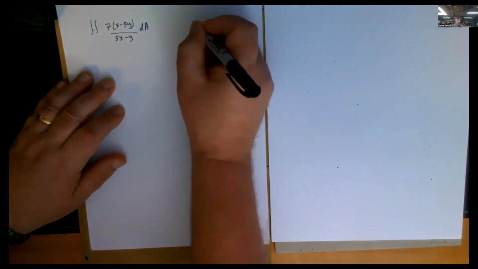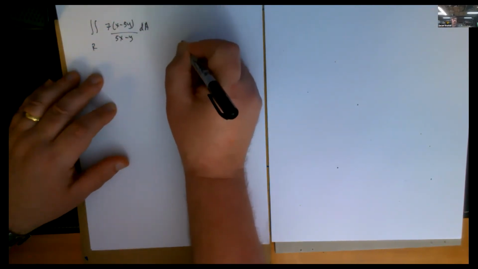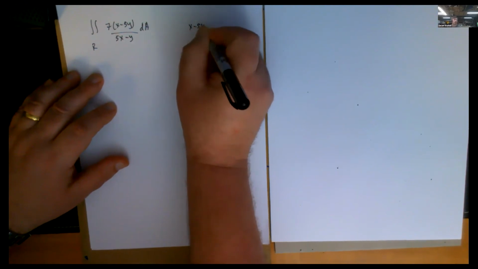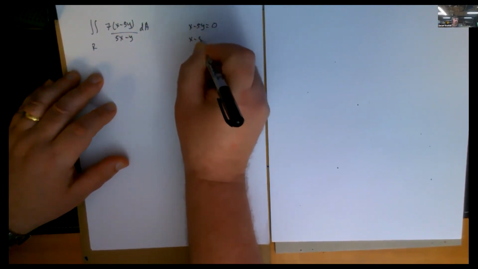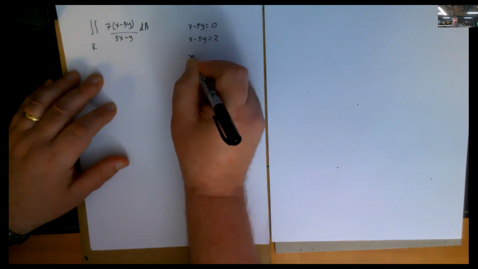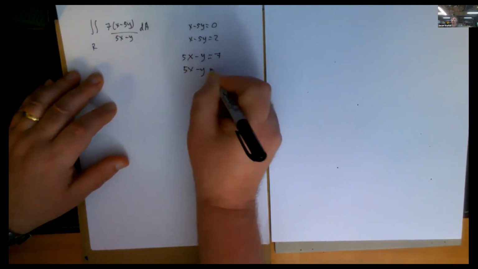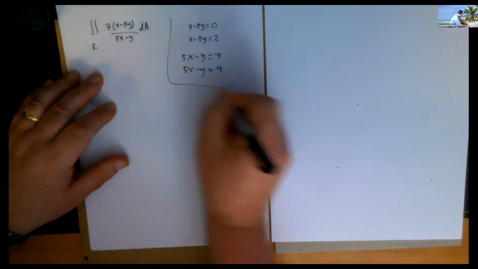And then R is the parallelogram enclosed by the lines x minus 5y equals 0, x minus 5y equals 2, 5x minus y equals 7, and 5x minus y equals 9.